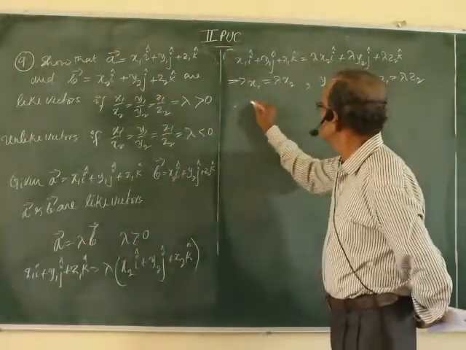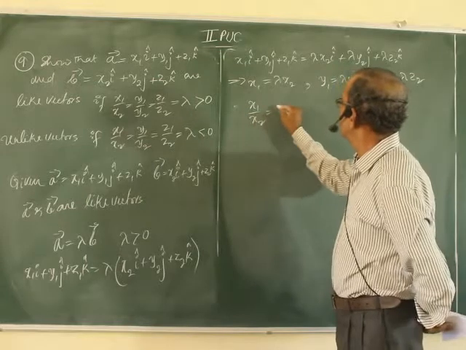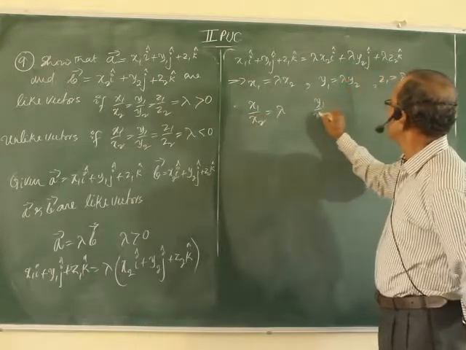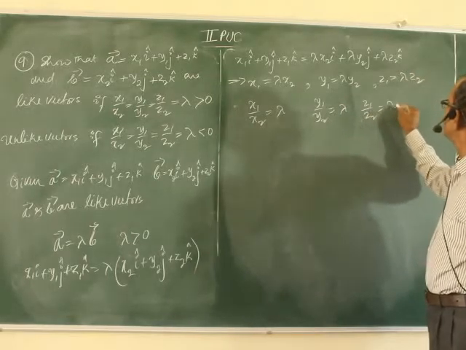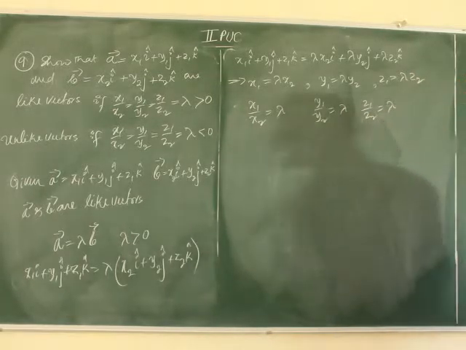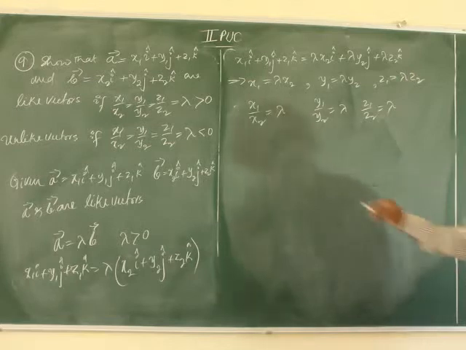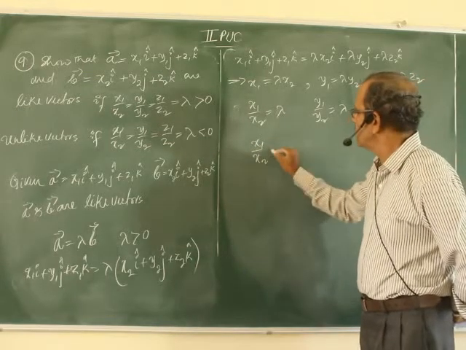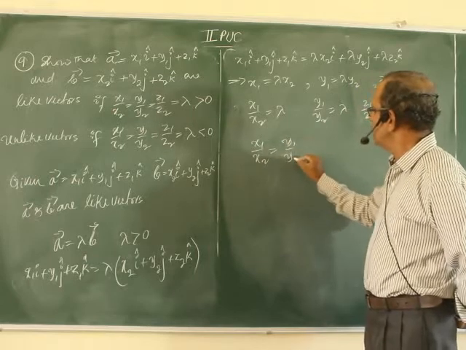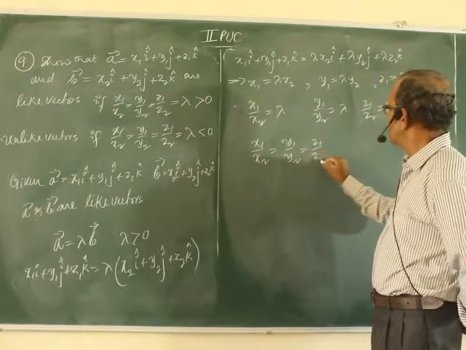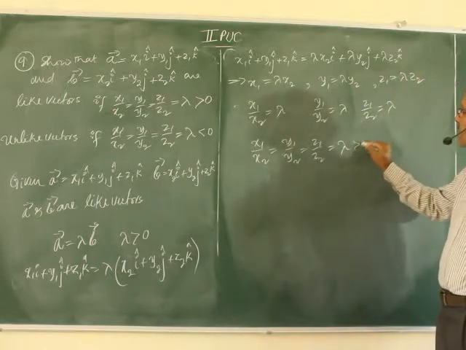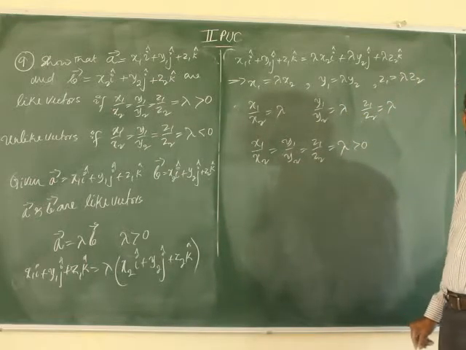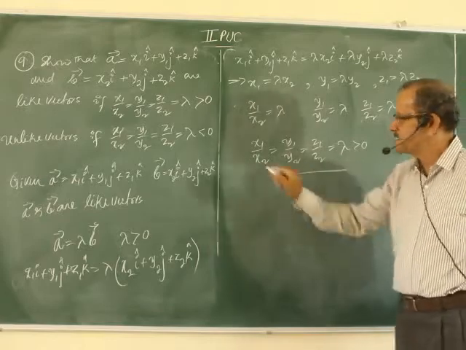From this, x1 by x2 equal to lambda, y1 by y2 equal to lambda, z1 by z2 equal to lambda. Or x1 by x2, y1 by y2, z1 by z2 equal to lambda, because all are equal to lambda, greater than 0. This is the required condition.